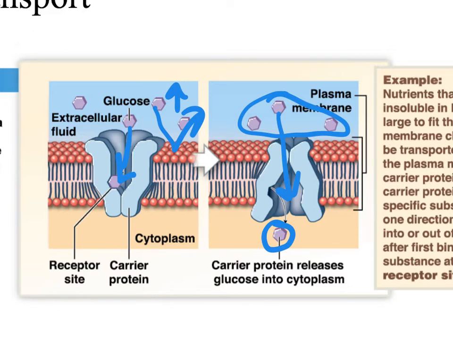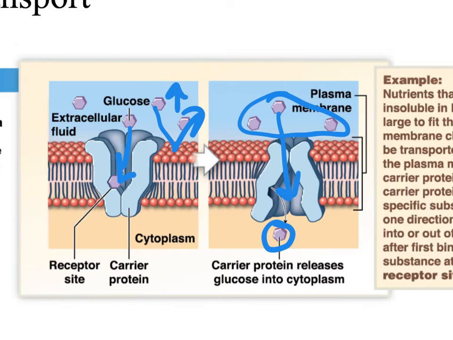You might say that when there is a high concentration outside the cell and a low concentration inside the cell, there's a type of potential energy that's built up because that high concentration on the outside wants to flow across the cell and enter the cell in order to create an equilibrium.